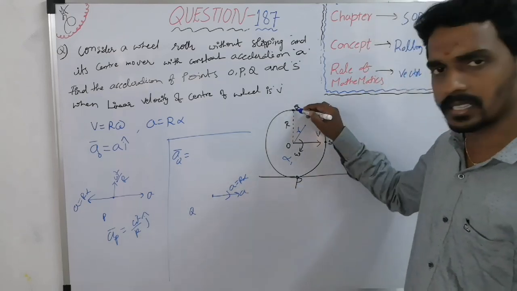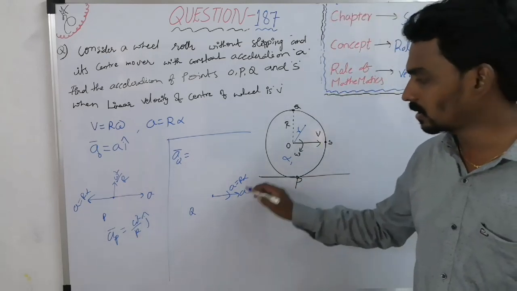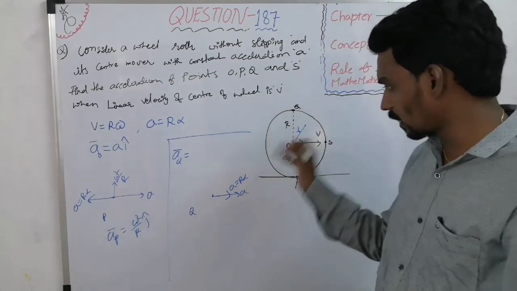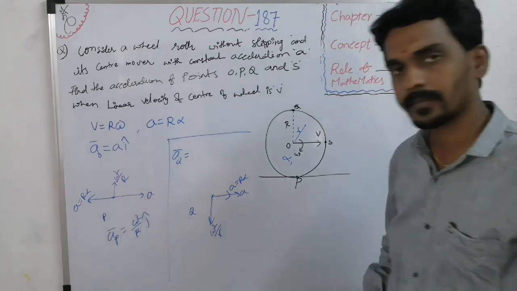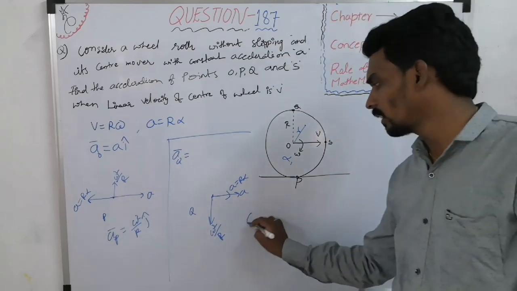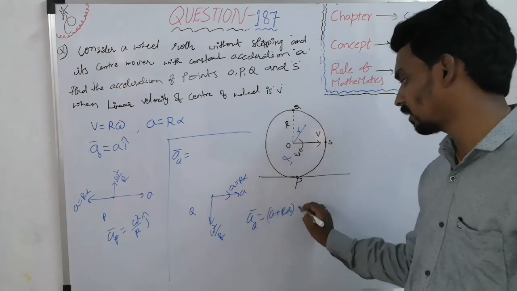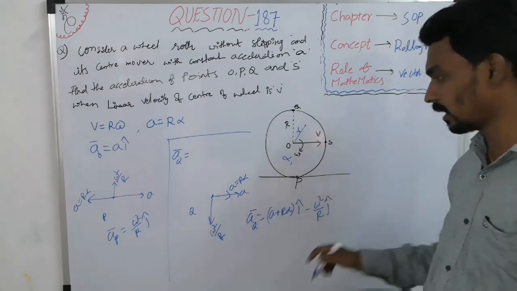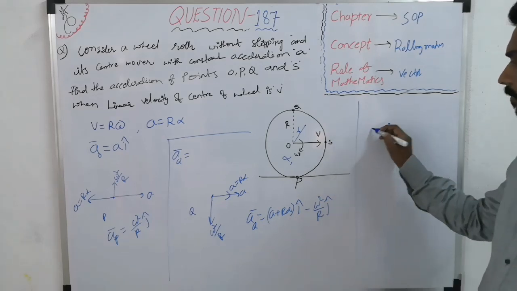But here the point is on the surface, that's why capital R alpha is nothing but the acceleration of the center of mass. Since it is moving in a circle, there is also one more centripetal acceleration. So the acceleration of Q will become a plus r alpha i cap minus omega square by r j cap, downward.